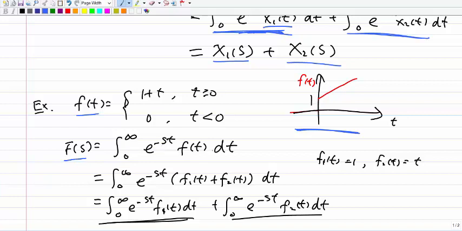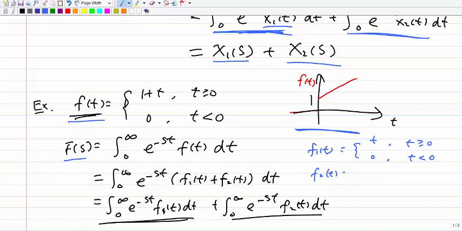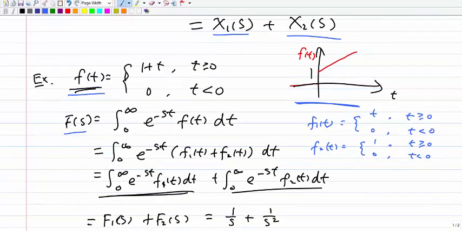Now I can rewrite this as f1(t) and f2(t). Let's write it differently. f1(t) is equal to t when t is greater than or equal to 0, and 0 when t is less than 0, and f2(t) is 1 when t is greater than or equal to 0, and 0 when t is less than 0. With these two forms, you can see f(t) is just equal to f1(t) plus f2(t).